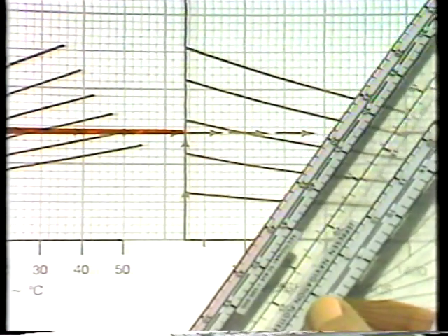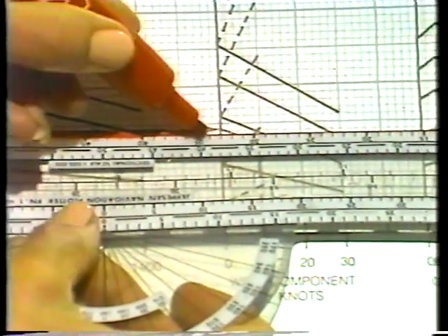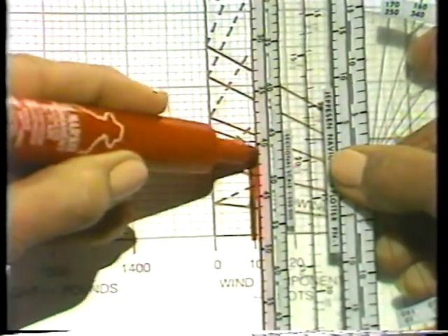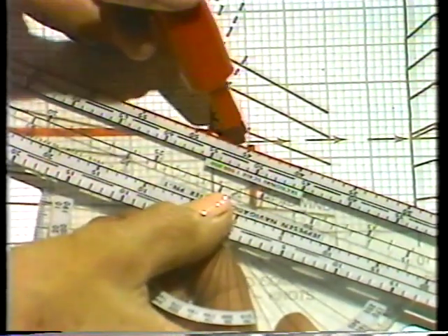Since your weight of 1,675 pounds is the maximum takeoff weight for this airplane, simply keep moving horizontally to the right until reaching the wind component reference line. Your headwind component is 9.5 knots. So follow the solid diagonal headwind lines to the vertical intersection with 9.5 knots.